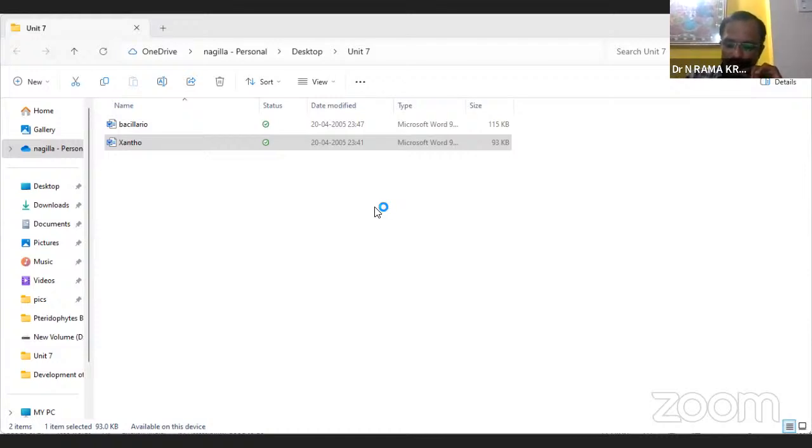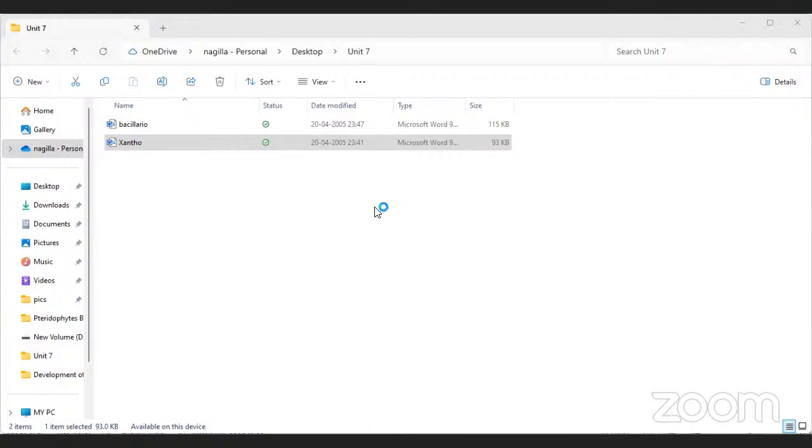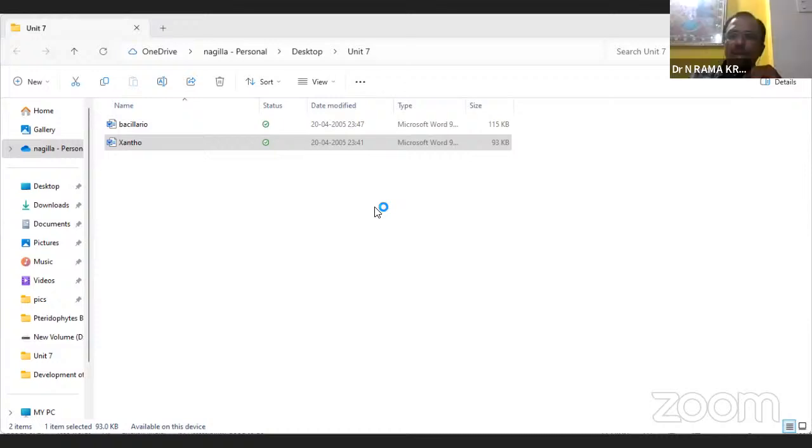Palmelloid, no fixed number, no fixed number. Is it clear now? Yes, sir. No fixed number, that is the palmelloid stage. What is the meaning of dendroid? Very simple.